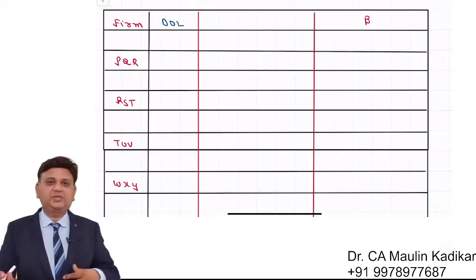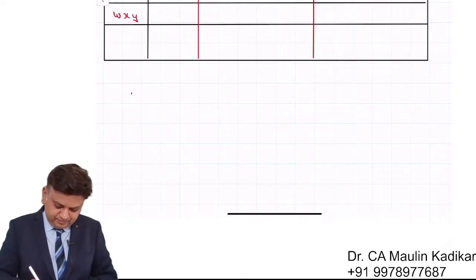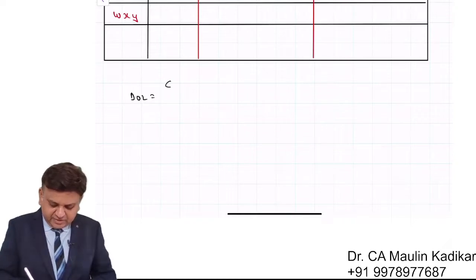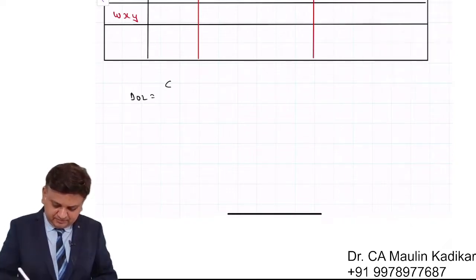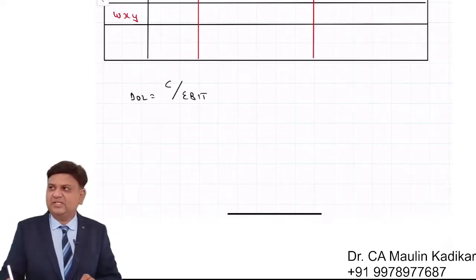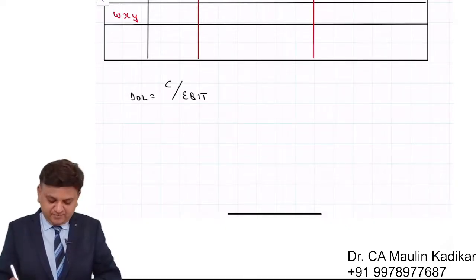Dear students, in this question, for the purpose of calculation of DOL, we cannot apply the formula as contribution upon EBIT. The reason behind that is sufficient information is not given so that we can apply this formula.